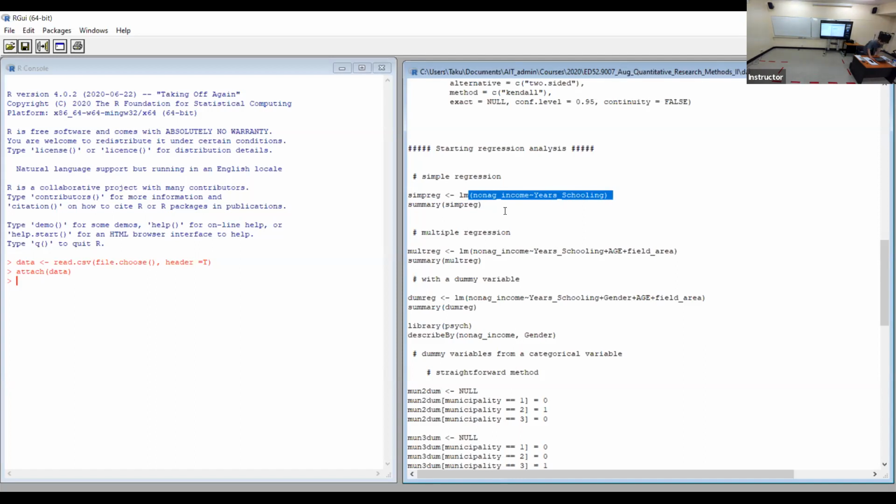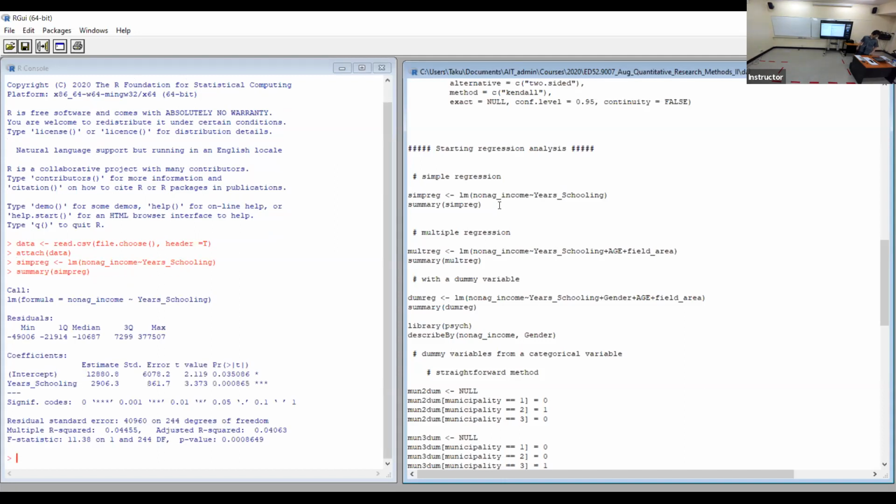Now you can execute these two lines together as a set. Please execute. Did you get the result? Yes.